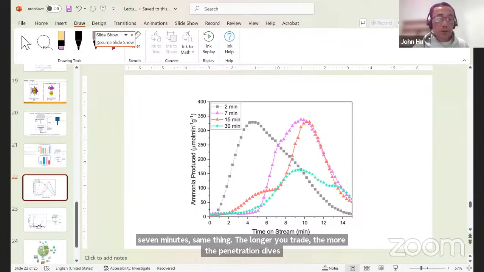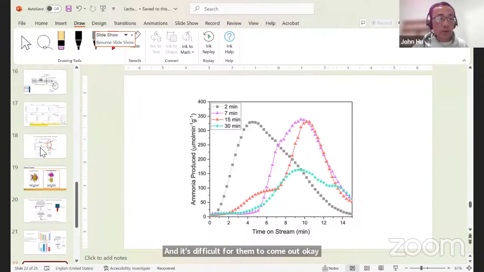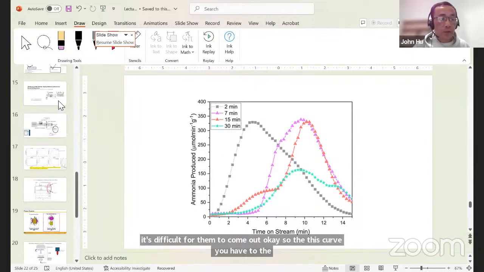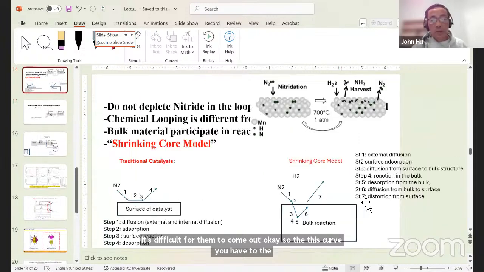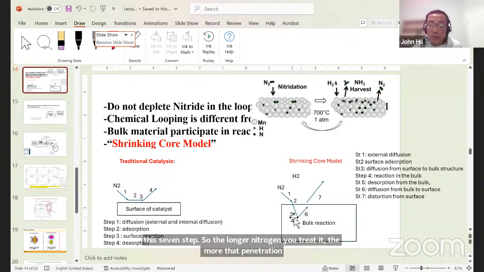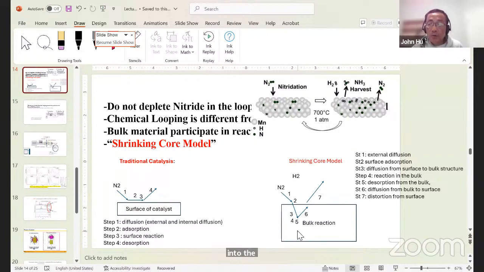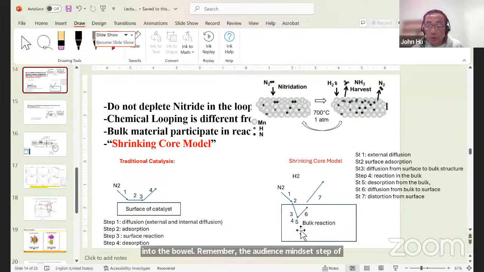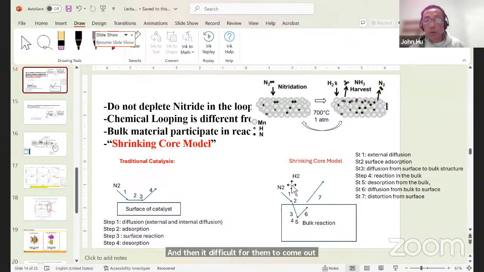Okay, so this curve you have to combine with the 7 steps. The longer you treat with nitrogen, the more penetration into the bulk, right? Remember, the audience mentioned steps 4 and 5 are the rate-determining steps. If you penetrate so deep, it's difficult for the nitrogen to come out as ammonia. So it's all related to this shrinking core model. If the plasma penetrates so deep, there's a delay in coming out.